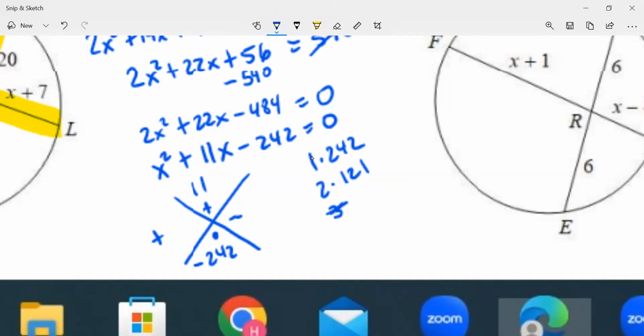Notice how on the left side I'm increasing my numbers: 1, 2, 3, so I'm going to go 4.